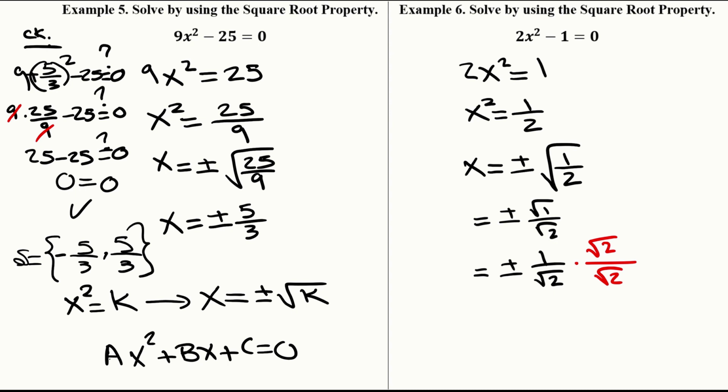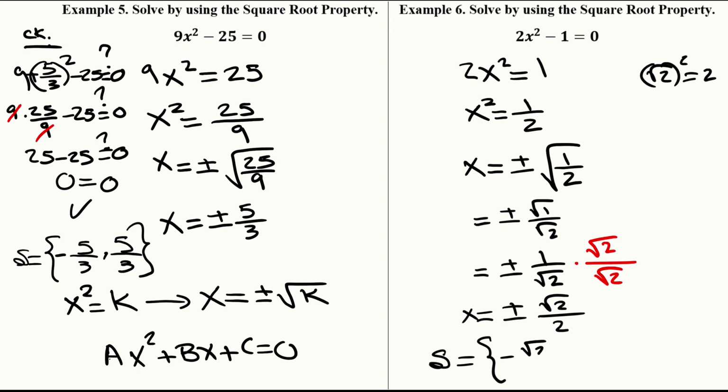And we end up with plus or minus radical 2 over, now we know radical 2 times radical 2 is just radical 2 squared, which of course is just 2. So we get plus or minus radical 2 over 2. Now we can write our solution. Of course, those are values for x, and our solution set will contain negative radical 2 over 2 and radical 2 over 2. Make sure you can do this on your own without looking before you proceed.